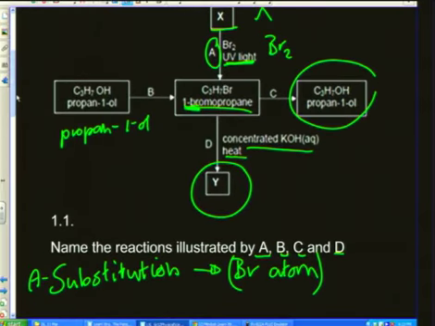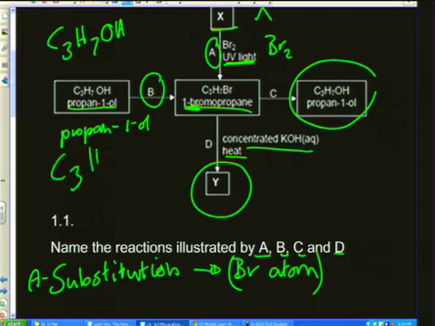Next one, number B. We start with propan-1-ol, and we end up with 1-bromopropane. So notice the number of carbons hasn't changed. This one was C3H7OH, and this one is C3H7Br.